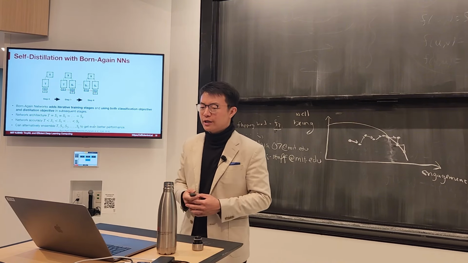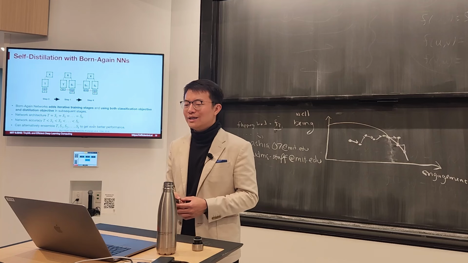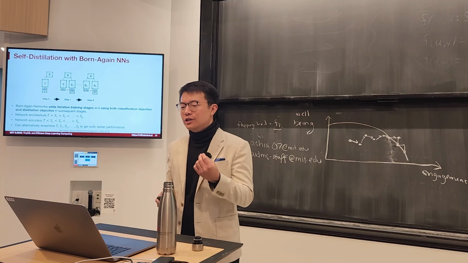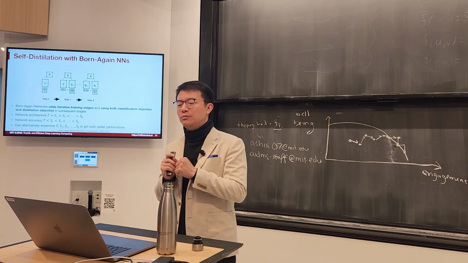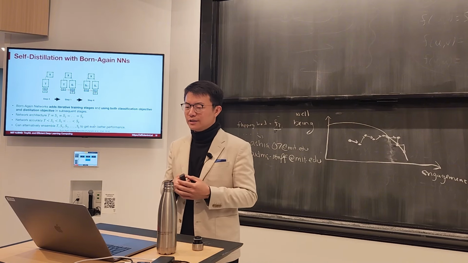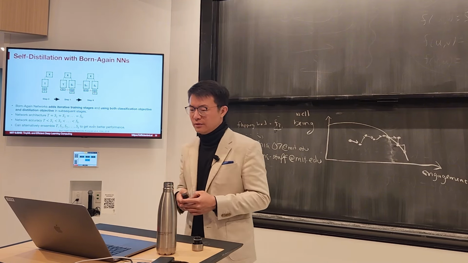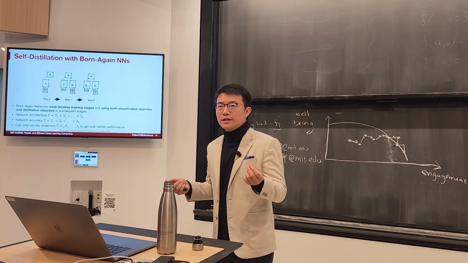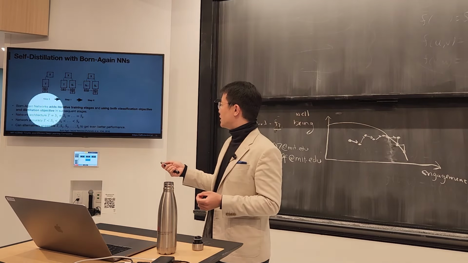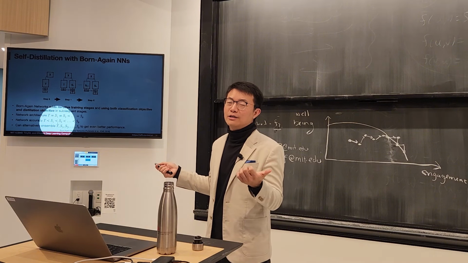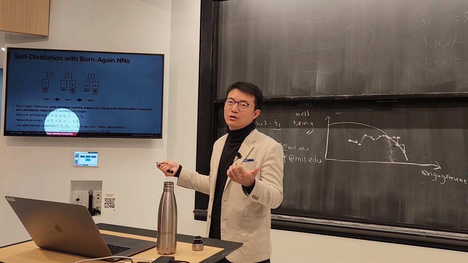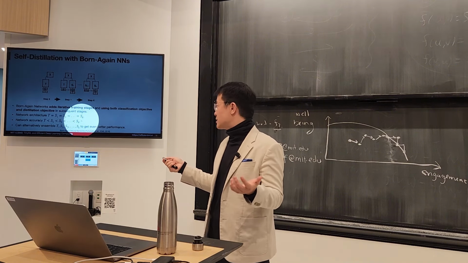This project is called Born Again Networks, an iterative training scheme using both the classification objective and the distillation objective. What is interesting here is that the teacher and student model have exactly the same architecture and the same model size. Not a bigger teacher and a small student; they're the same size.